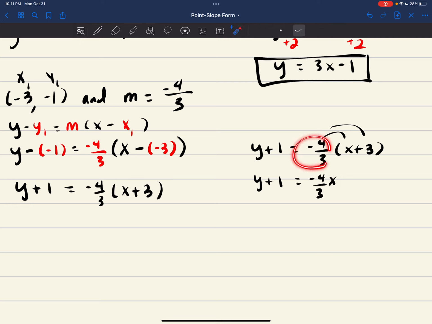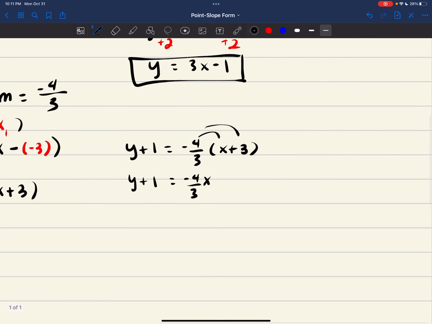And then here, negative 4/3 times 3. So if I write that on the side over here, negative 4/3 times 3, well, negative 4 times 3 is negative 12. So the numerator, negative 12, divided by this 3 here, is going to give me what? Negative 4. Okay?